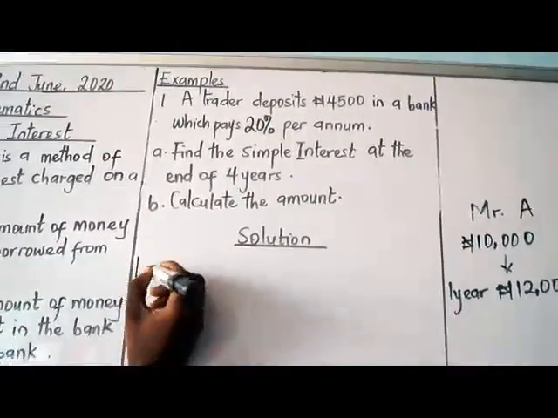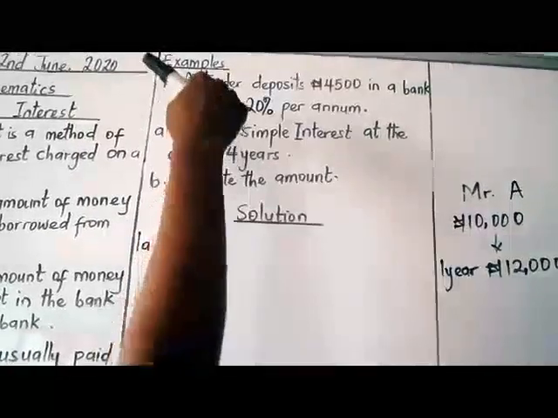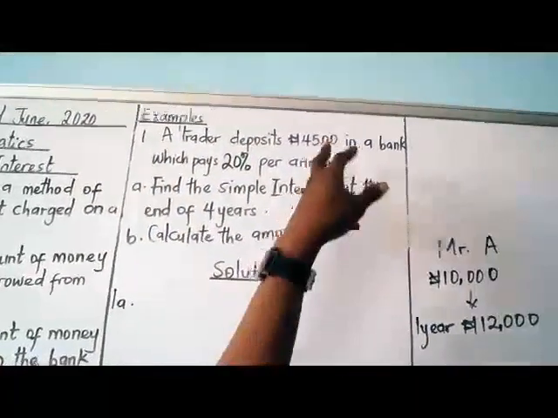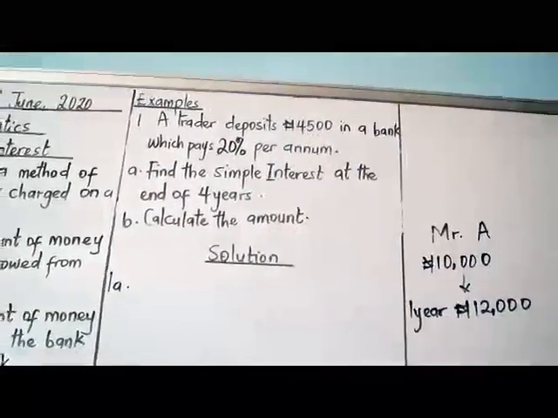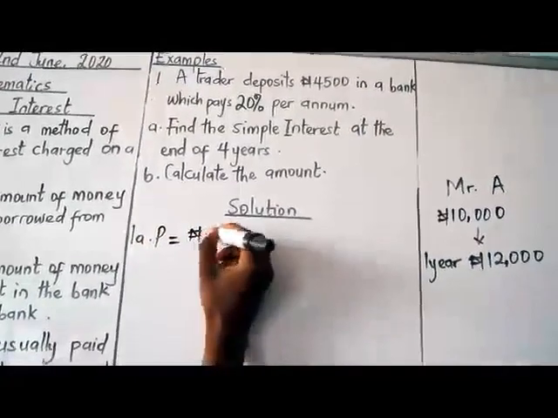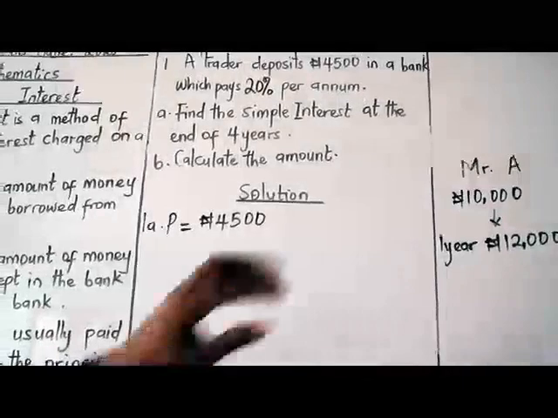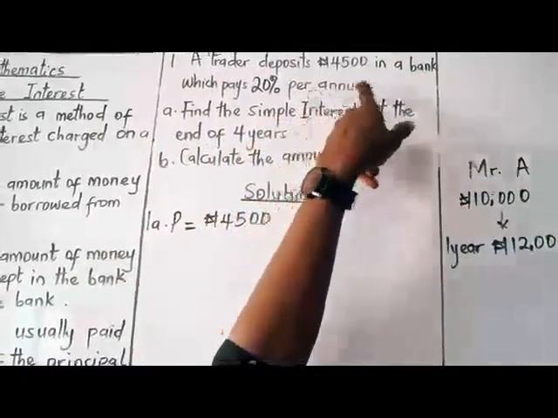So let's quickly bring out the terms used. What are the things we need? A trader deposited 4,500. Who can tell me what 4,500 represents here? Principal. Thank you. So you bring it out. Your principal is what? 4,500. Which pays in a bank, which pays 20% per annum.